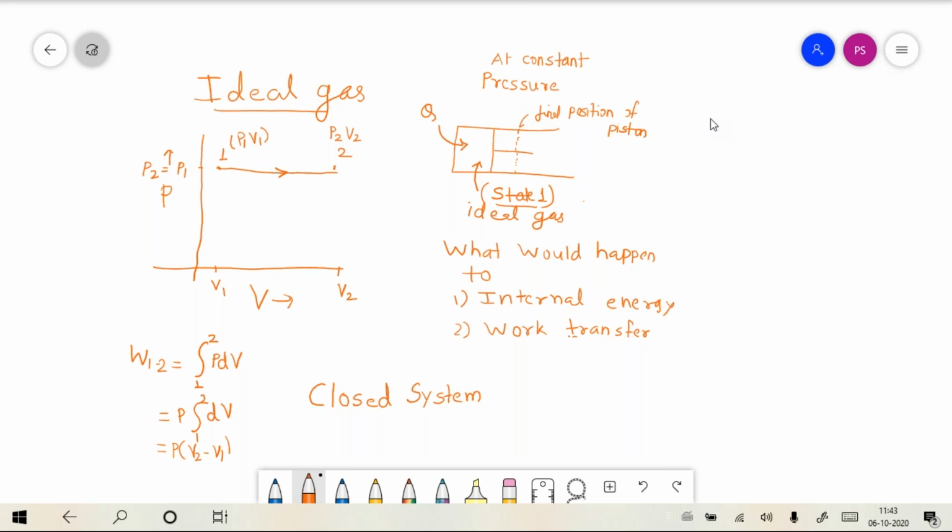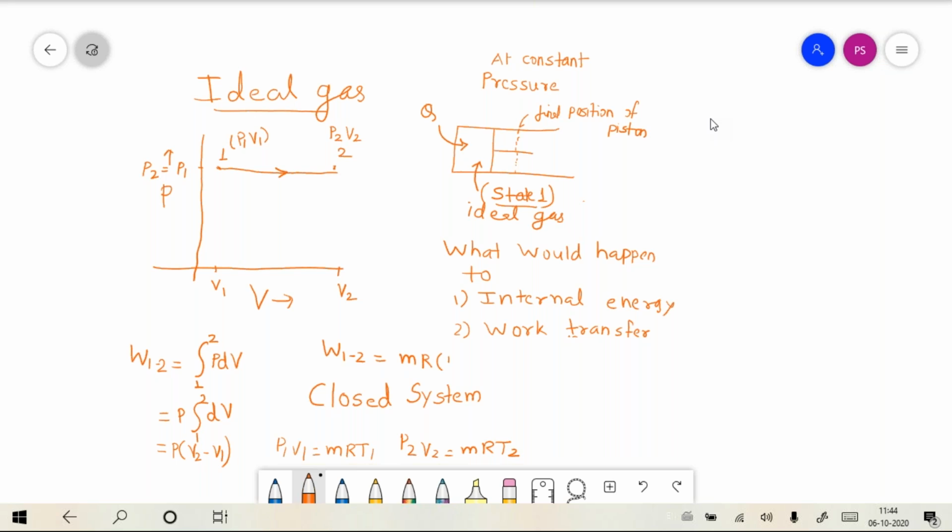Are you getting this point? W12 is equal to P into (V2 minus V1). If you apply the gas law, which says that P1 V1 is equal to mR T1 and P2 V2 is equal to mR T2, then for an ideal gas this expression of work transfer can be written as mR (T2 minus T1).